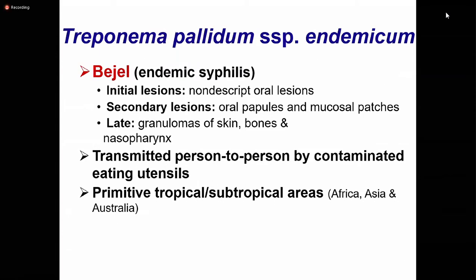Simply one slide for each, because I don't want to go into more detail. Bejel, one of the endemic syphilis, usually starts with oral lesions, and then it becomes late granulomatous lesions of the skin, bones, and others. Again, I'm not concerned about the clinical part.